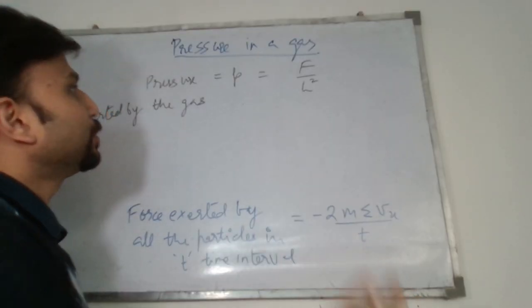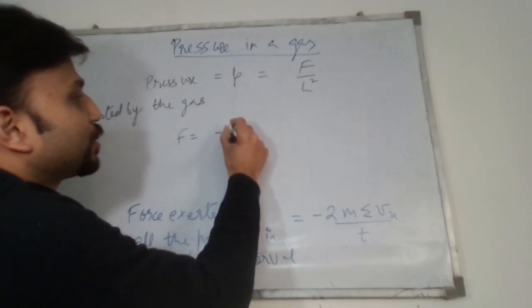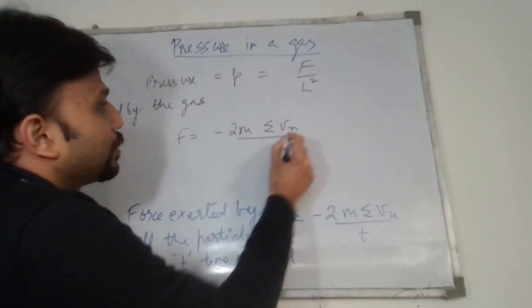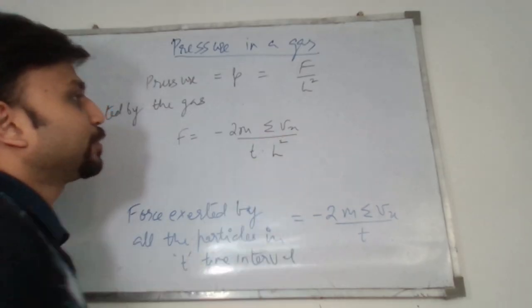So that means the force becomes equal to minus 2m summation Vx divided by T into L square.